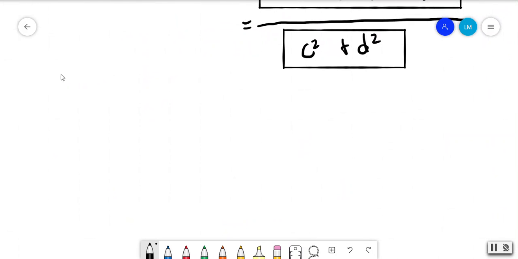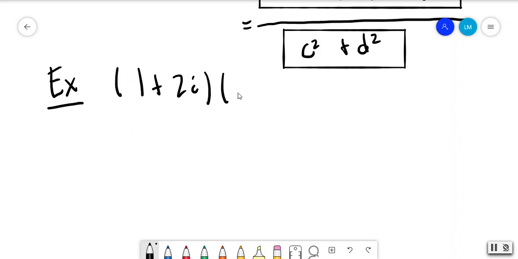So let's go ahead and say that we want to multiply the following. We have 1 plus 2i multiplied by 4 minus 2i. In this case, we can either use the formula or just use the distributive method.